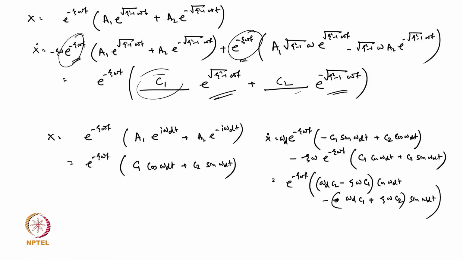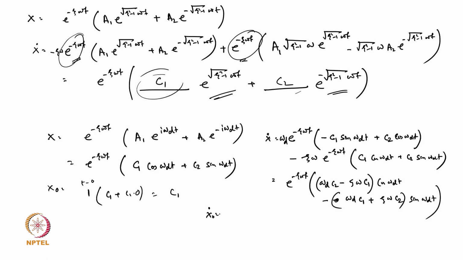Now you can put x equal to x0, so you can calculate how much is coming here, and again x dot equal to x0 dot. So x0 means once you put t equal to 0, this will become 1. This one will become C1 into 1 plus C2 into 0. So this is C1.